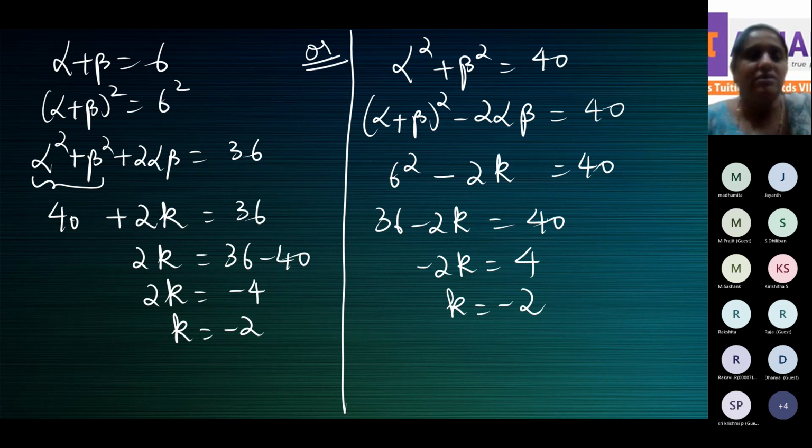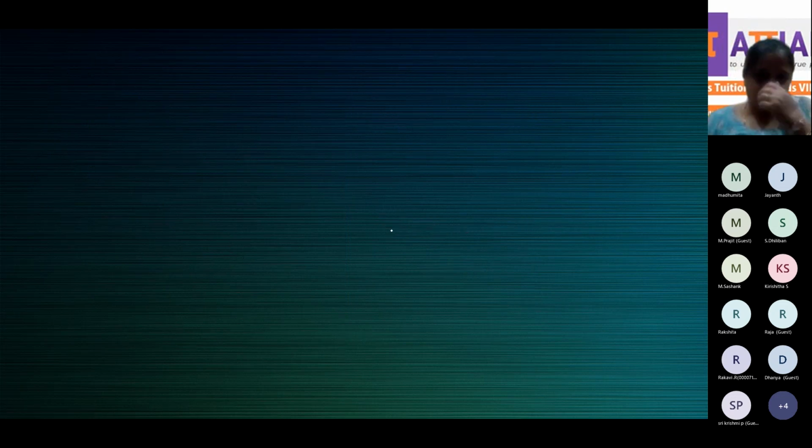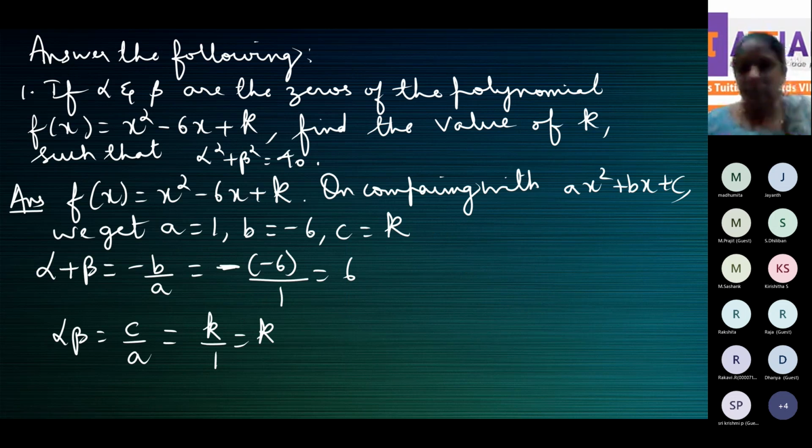Here we write alpha plus beta and we square it on both the sides. Otherwise, you can do it like this also. Take it down, children. When I'm explaining, you must stop writing and listen to me. Once you've understood, you should just copy it from the screen.